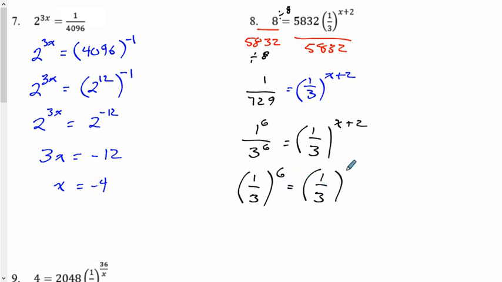Power equals power. Bases are equal even though they're fractions, which means my exponent is equal to my exponent. And I get, what did I do there? That should be a 2. Subtracting by 2, I will get 6 minus 2, x equals 4. There's question 8.